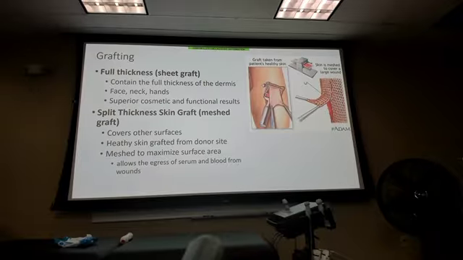Okay, it still has the epithelialized layer, and it'll heal from the edges of each hole in the meshed skin, versus trying to heal from the wound edge out. Okay, does that make sense? Kind of.